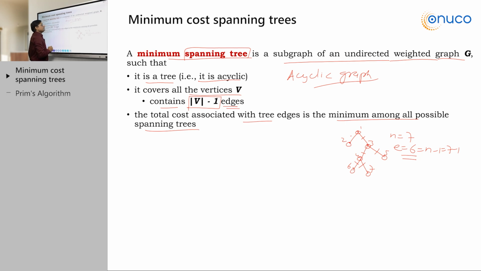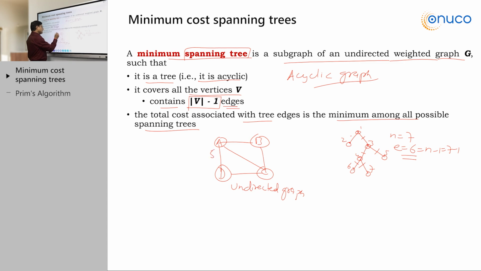Now, if I am telling you that this is A, B, C, D, and we are connecting like this, which kind of graph is it? It is an undirected graph, because we don't have any weight on it and we don't have directions.